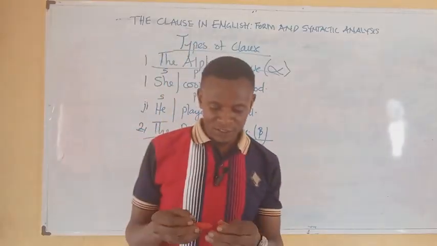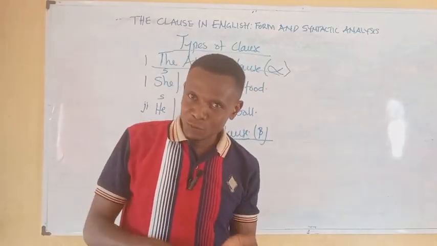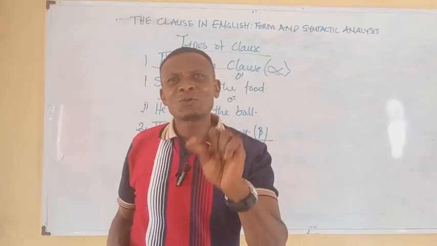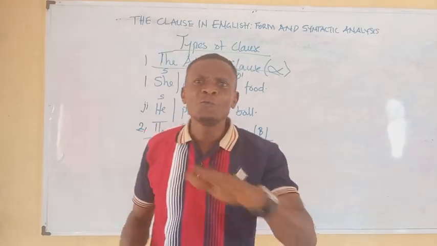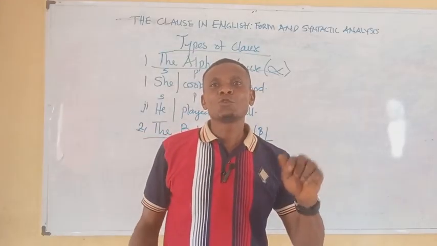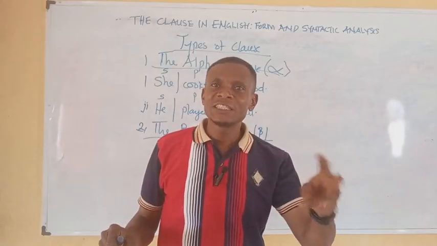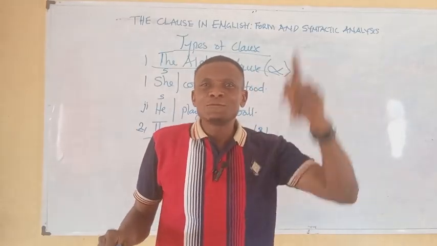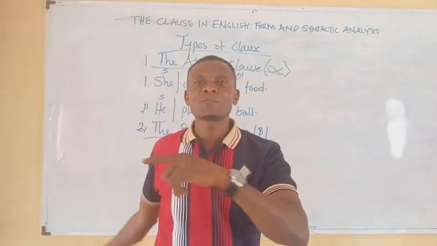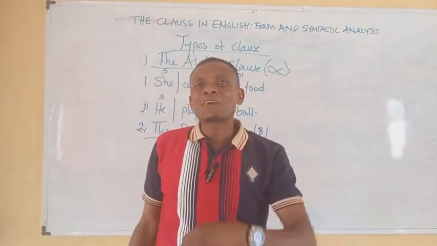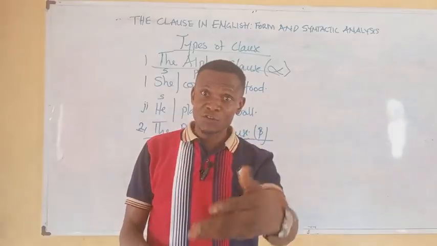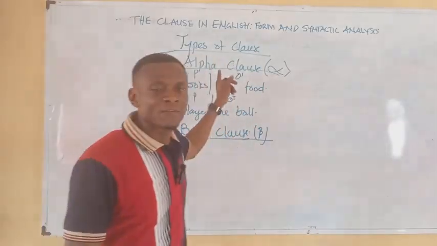A beta clause is a clause that has a subject and a predicator, but it cannot stand on its own to convey the full meaning of that statement. So it is a group of words that has a subject and predicator, but the full meaning is not realized. That is to say, a beta clause must depend on the main clause. When I'm talking about the main clause, you should know that I'm referring to the alpha clause.